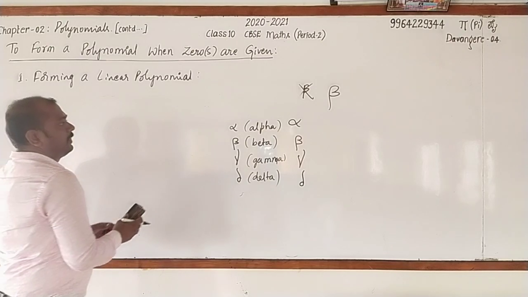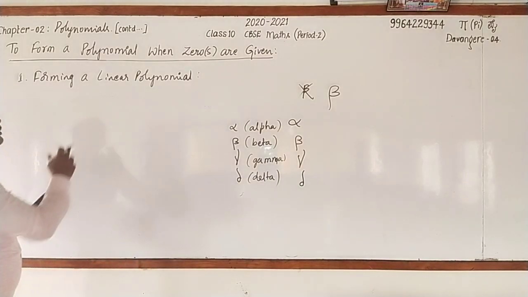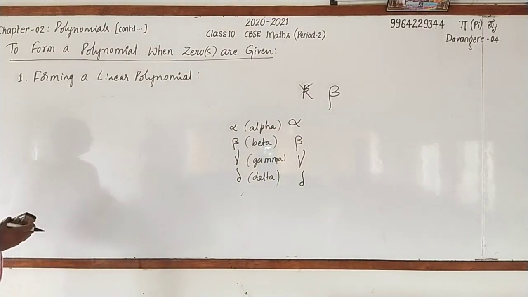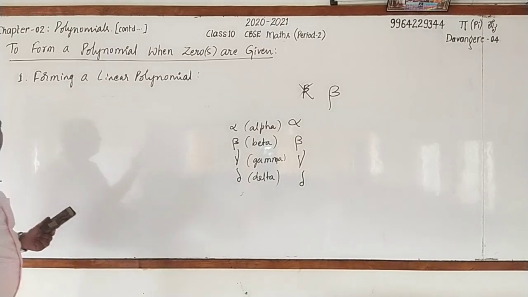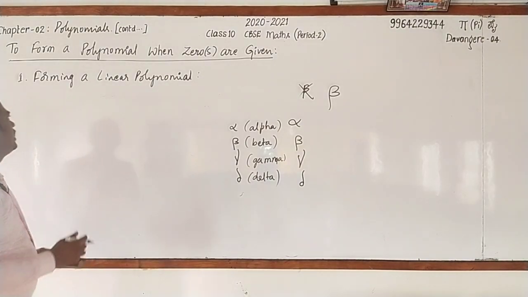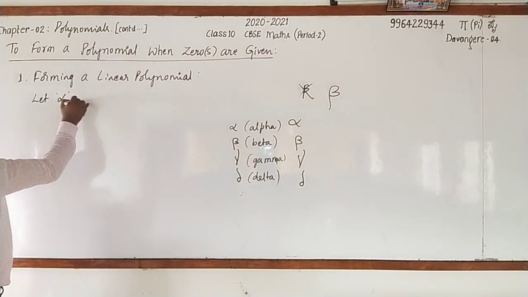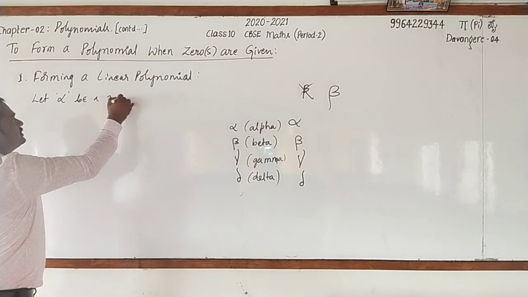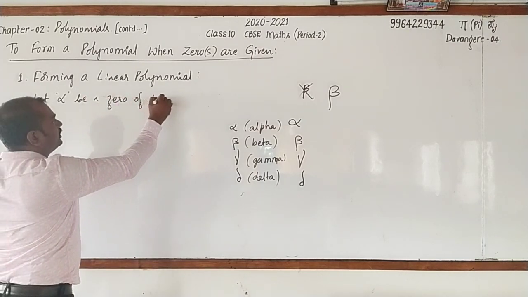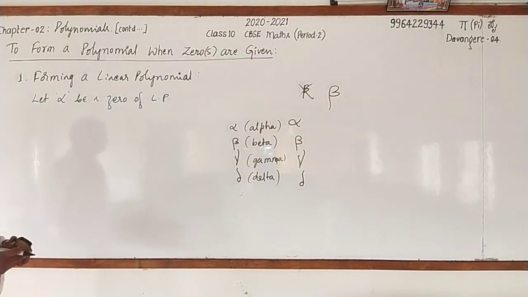Clear? Okay. Now, forming a linear polynomial. To form a linear polynomial, we need a zero. I am going to assume that let alpha be a zero of the linear polynomial.